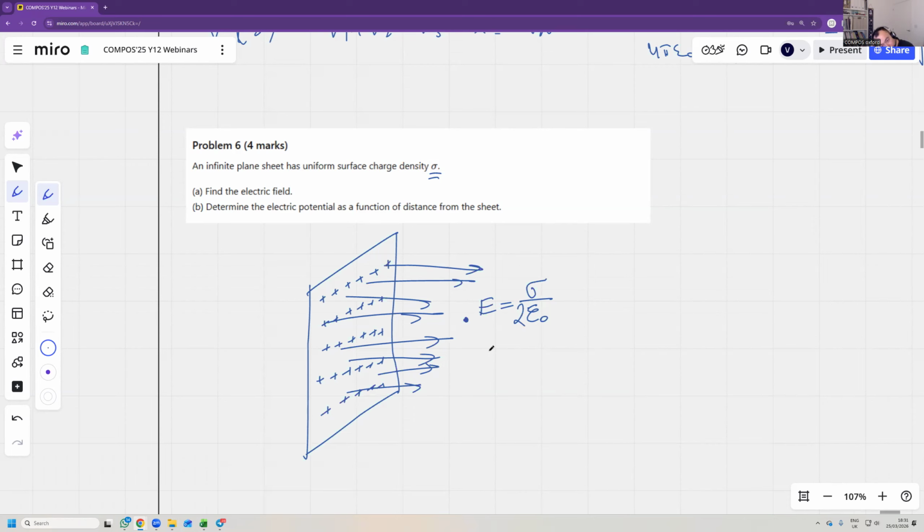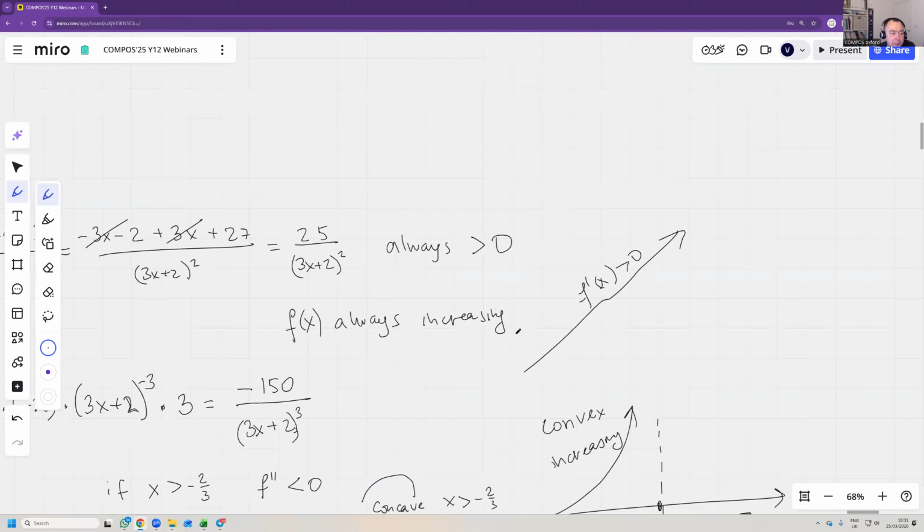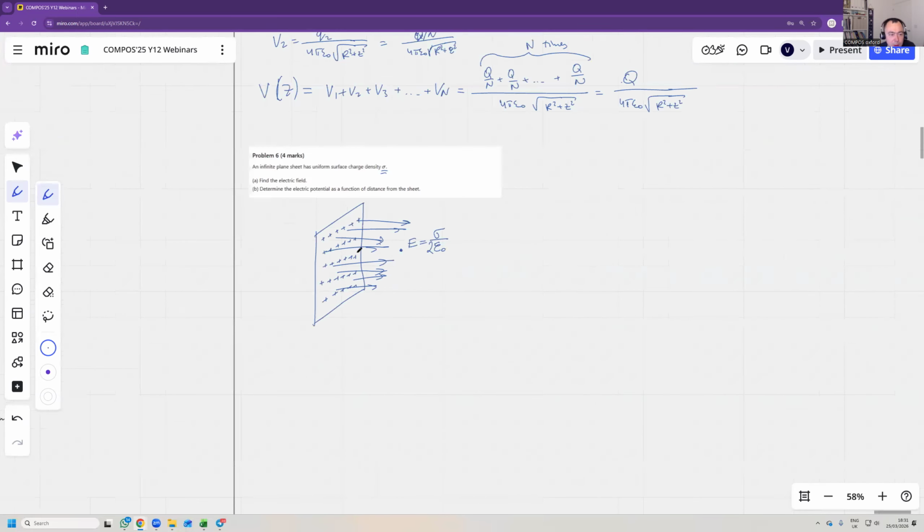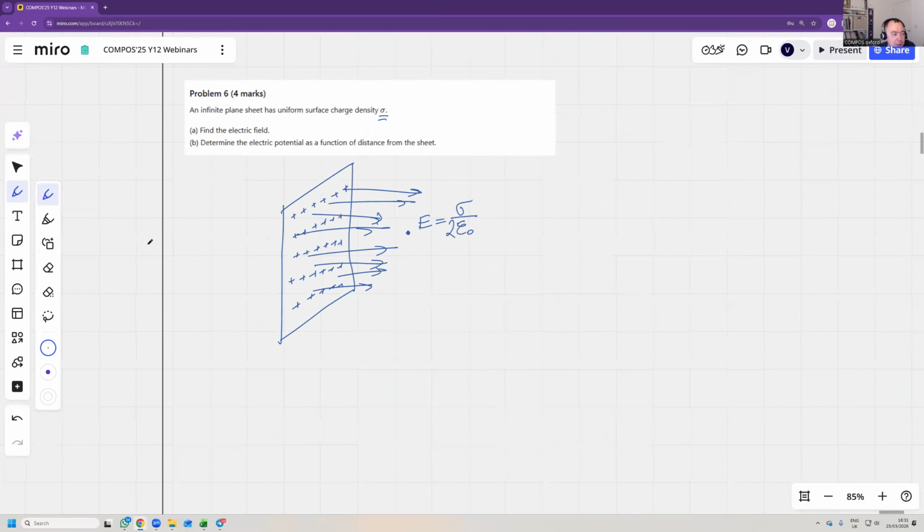Why 2? Do I remember why 2? Oh yeah, because of two different directions. Okay. Yes, we proved that in the previous session. So we used Gauss's law. I'm happy to show that again.